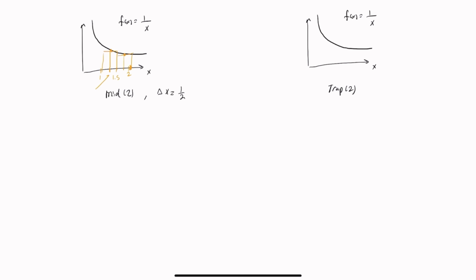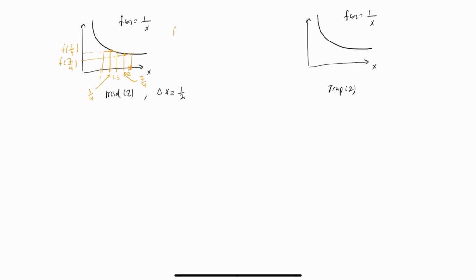So notice here, this point here is going to be 5 over 4, and then this point here is going to be 7 over 4. Now, this point is going to correspond to f of 7 over 4, and then this point here is going to correspond to f of 5 over 4.